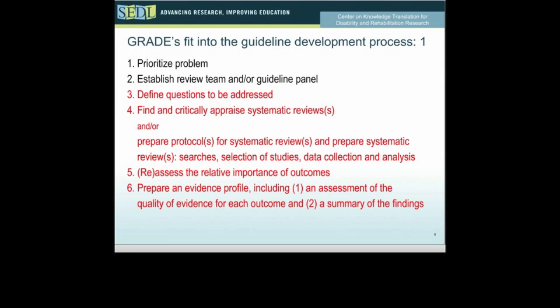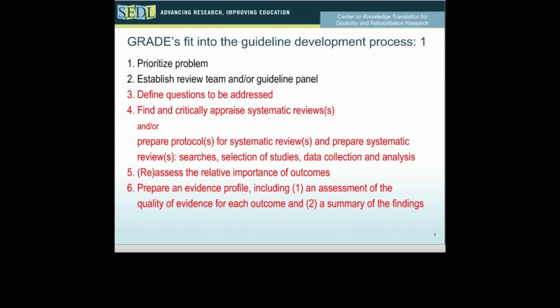Then 3, the panel defines the questions to be addressed. What specific questions do we have that we want answered, so that we can tell people what to do, what not to do.